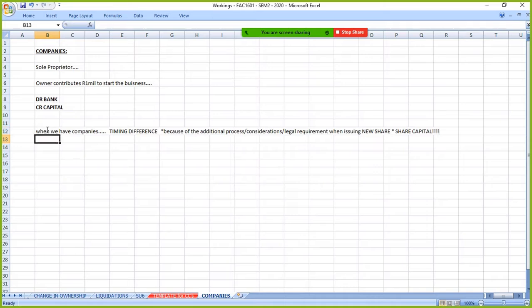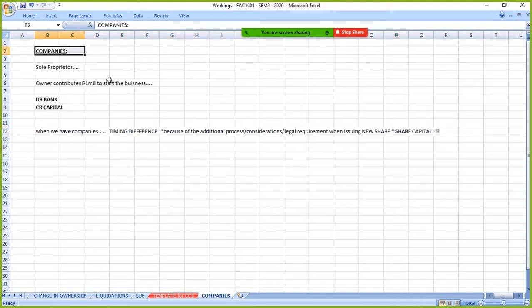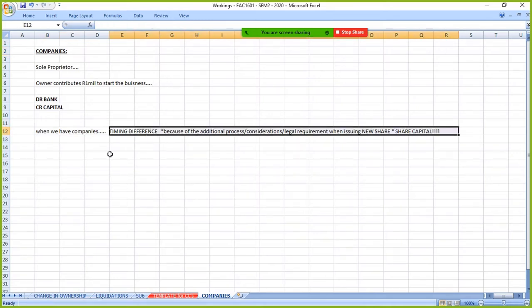There we go. So when you are going to be accounting for the equity within a company, because of the additional legislation, Companies Act, JSE listing requirements, etc., all that background stuff, there could be a timing difference in terms of when you collect money from the public and when you issue the shares to those public shareholders.